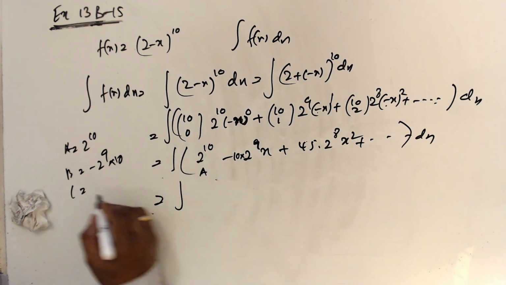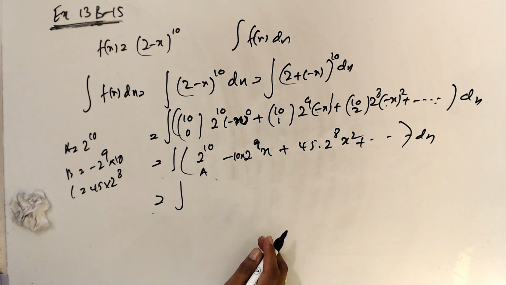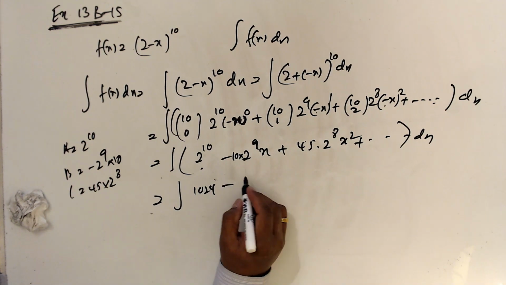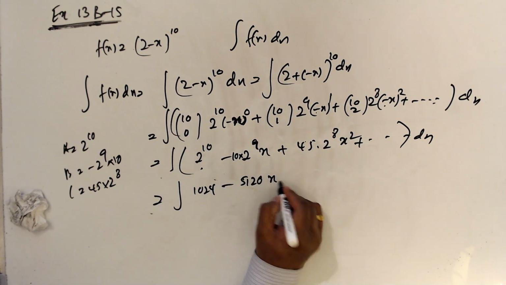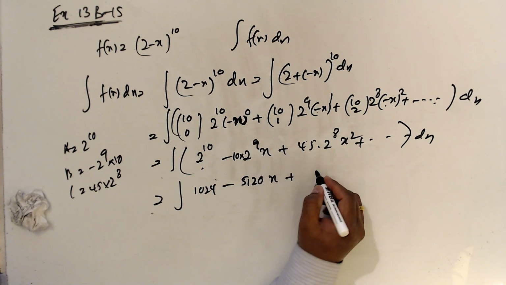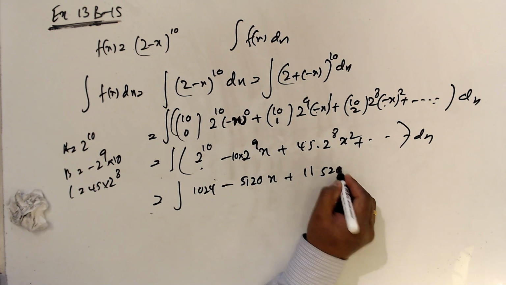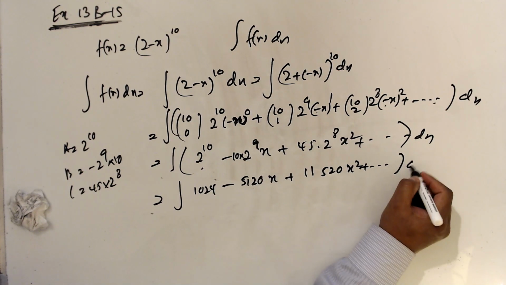C is 45 times 2 to the power 8. This is 1024, this is going to be minus 5120x, and this is 11520 x squared, dot dot dx.